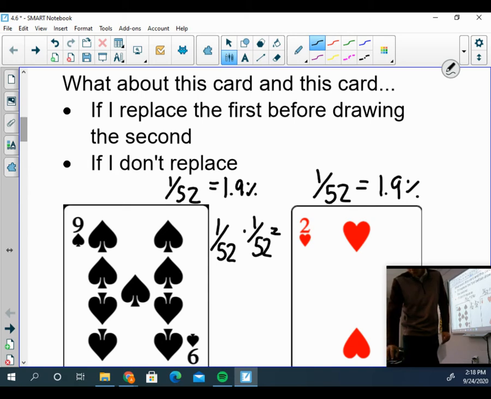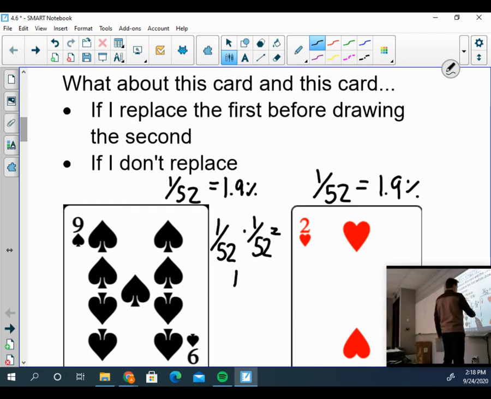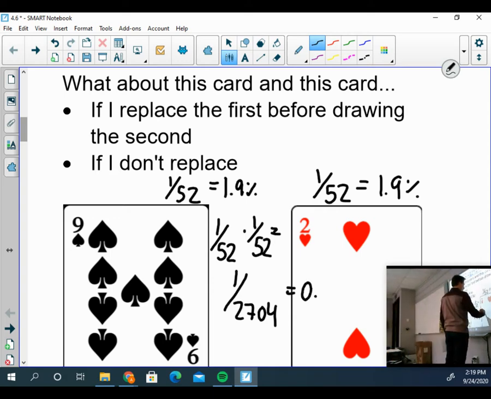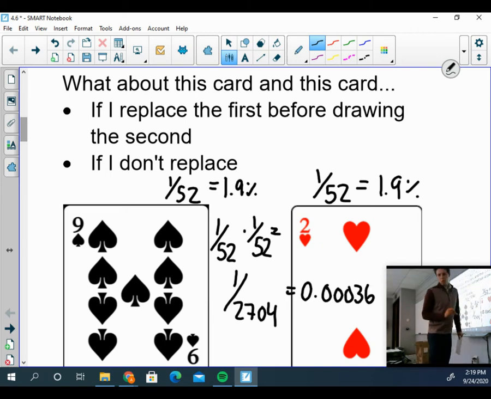1 over 52 times 1 over 52 is 1 over 2,704, which is the same as 0.00036, or actually it'd be 0.00037.